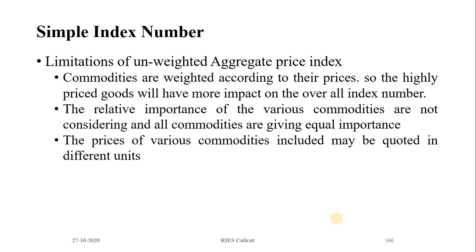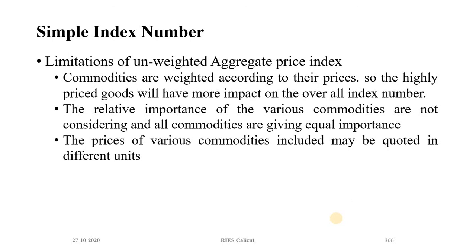So this method is basically an unweighted aggregate price index number. This has three different limitations. The first limitation is that commodities are weighted according to their prices. So the highly priced goods will have more impact on the overall index number.